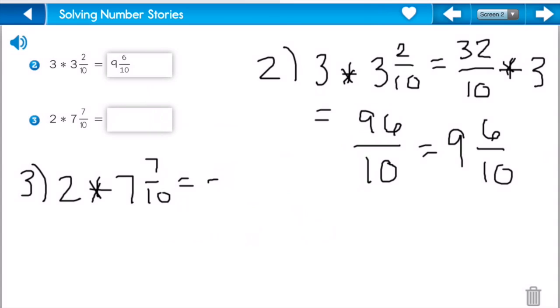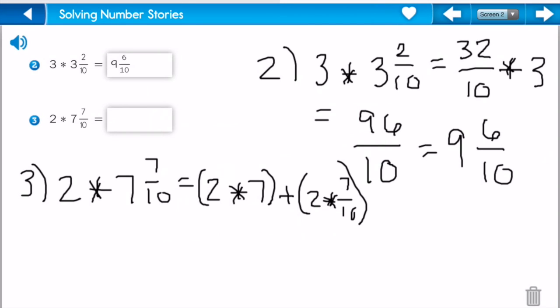So we'll take 2 times 7 plus 2 times 7 over 10, put that in parentheses, and then that would equal, what's 2 times 7? It would equal 14. So we would have 14 plus, and then what would 2 times 7 be again?